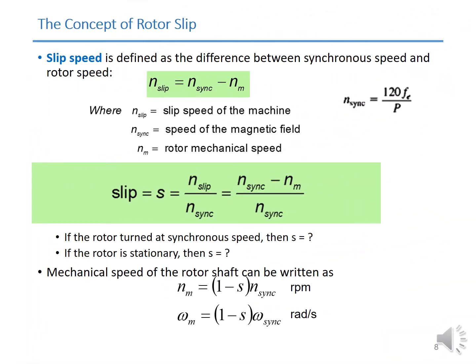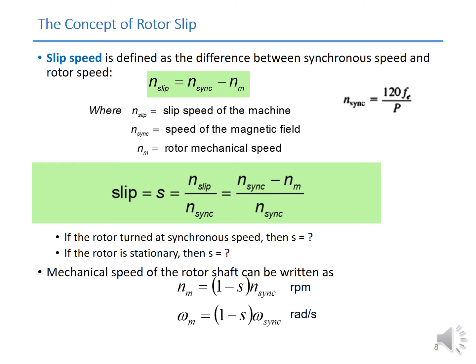Okay, now we'd like to discuss the concept of rotor slip. The concept of rotor slip is a very important one when we discuss induction motors, because by understanding it, we can use it in the analysis of the motor, for example in terms of power, in terms of the speed itself, and some other stuff.